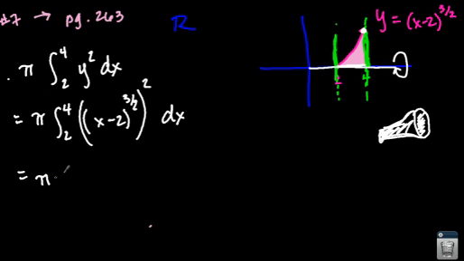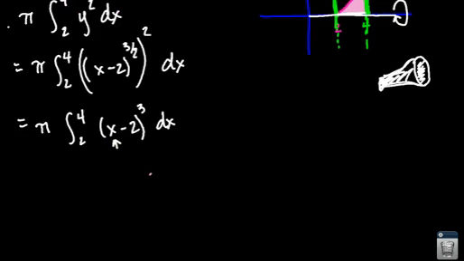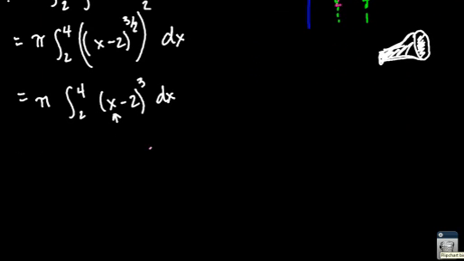So I'm going to simplify this before I integrate. I have a power raised to a power, which means that I multiply those exponents together. So I end up with x minus 2 quantity raised to the power of 3 dx. Unlike number 6 that we just did, x is to the power of 1, which means we can undo the chain rule because we know how. So I'm going to integrate this by undoing the chain rule.